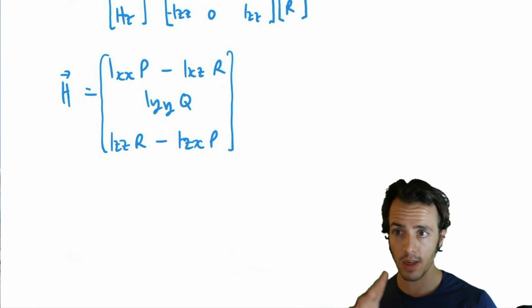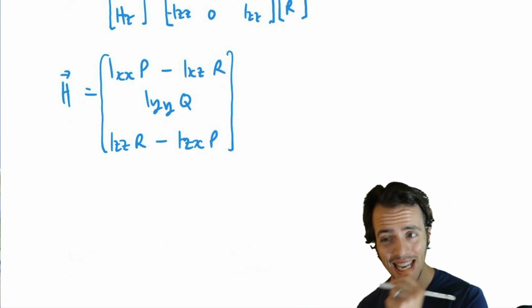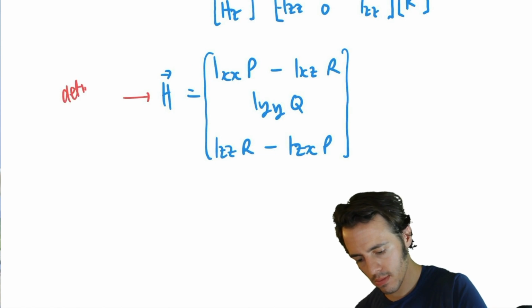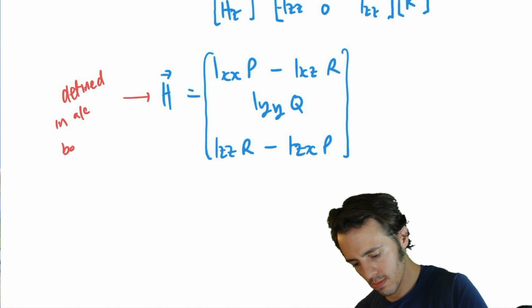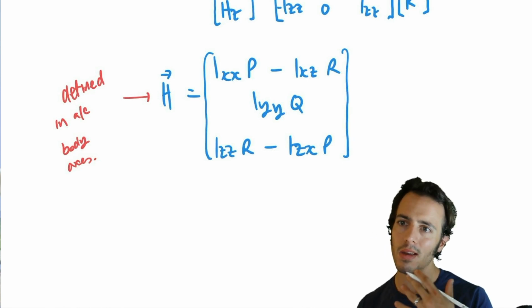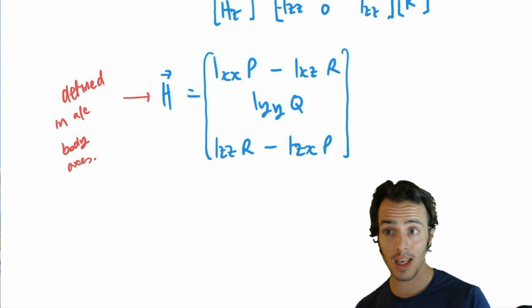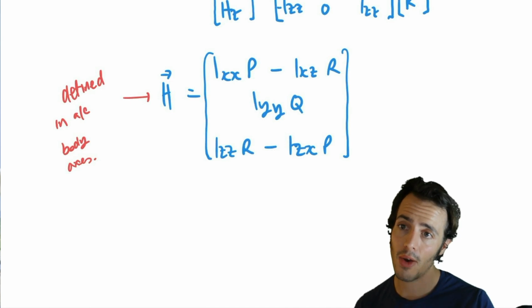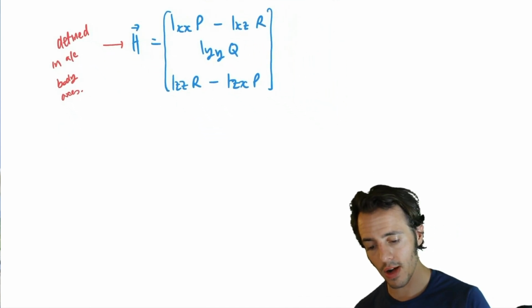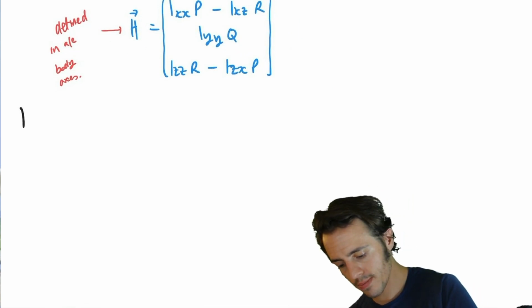This gives us our inertia tensor for this aircraft, but it's defined in aircraft body axes. So thus we need to use the Coriolis identity to give us the total time rate of change in inertially fixed axes, or in an inertially fixed reference frame.